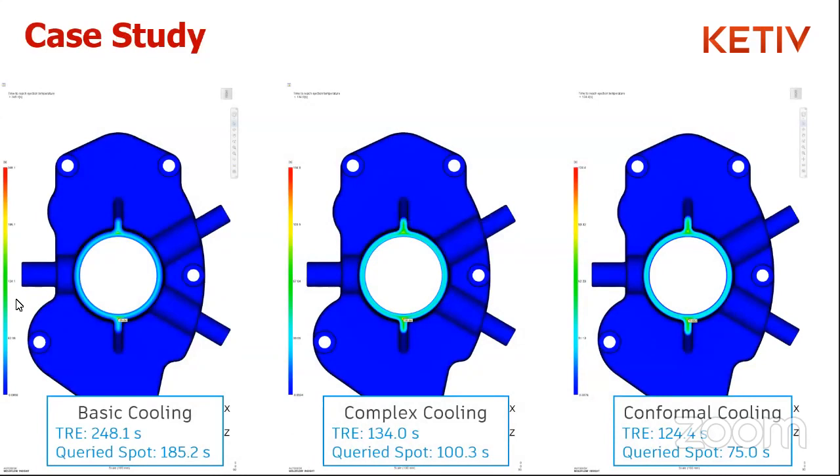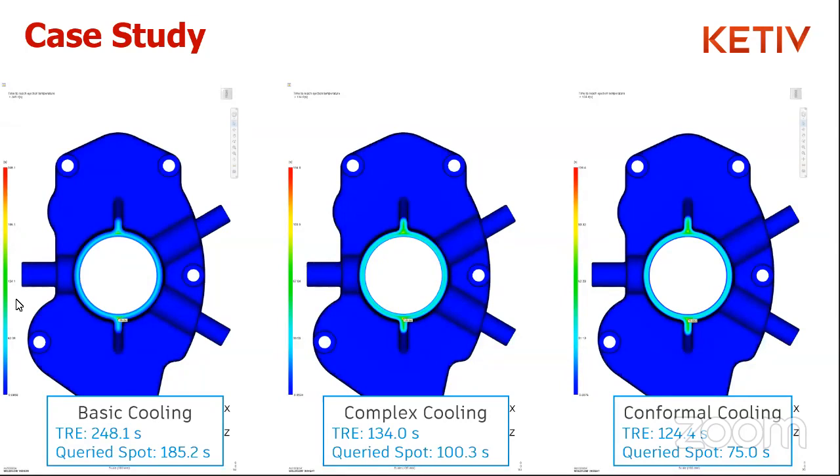So you see here with the three different cooling layouts, the time to reach the ejection temperature at the queried specific area was 185 seconds in the first one, in the basic system. The slightly more complex system was almost a twofold improvement on that, right? So it's 100 seconds.